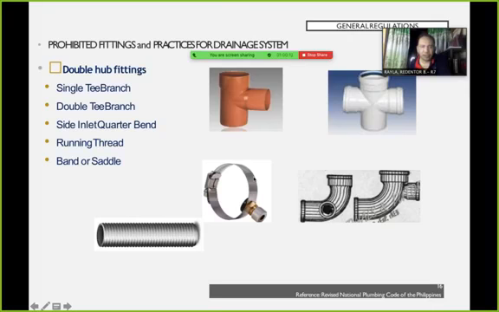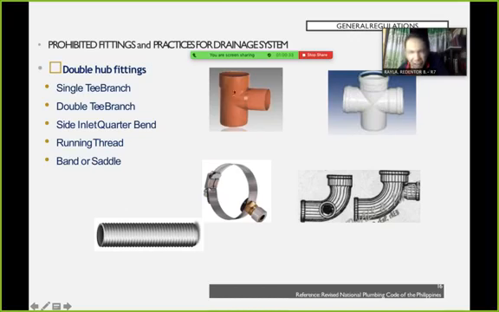So we go now to the prohibited fittings and practices for drainage. So ito yung mga prohibited, no? Double hub, no? So mga double hub. Single T branch. Ito yung mga double hub. Yan.